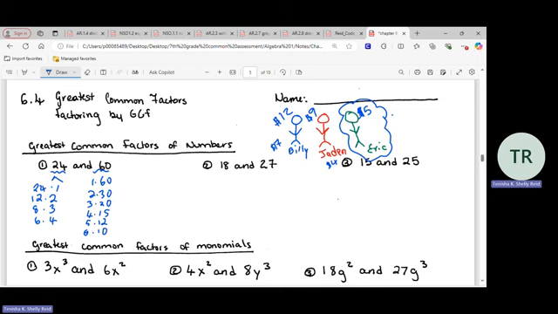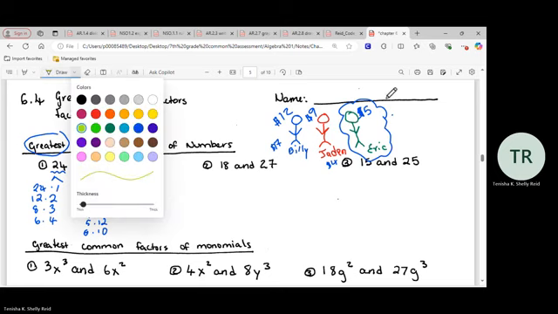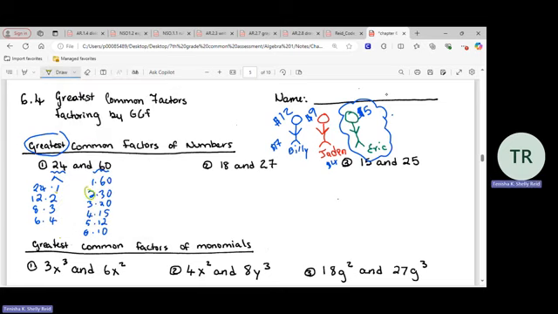All right, so now we look and we tell, well, what could be the greatest number they have in common? Yes, they have 2 as a factor in common, but it's not the greatest.